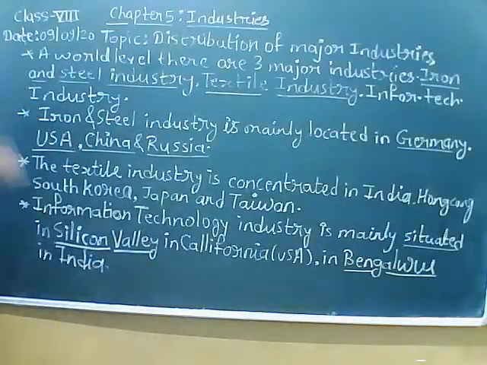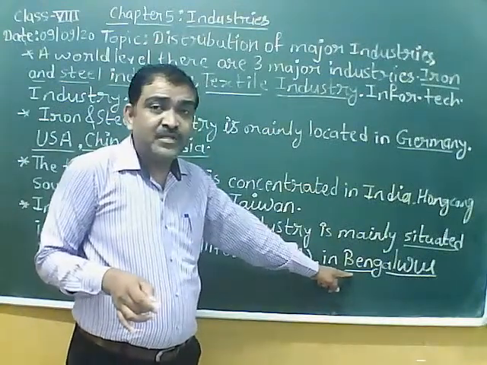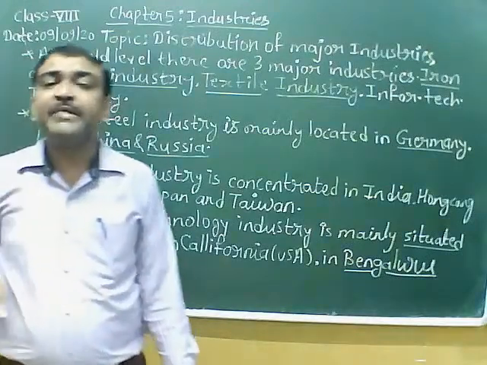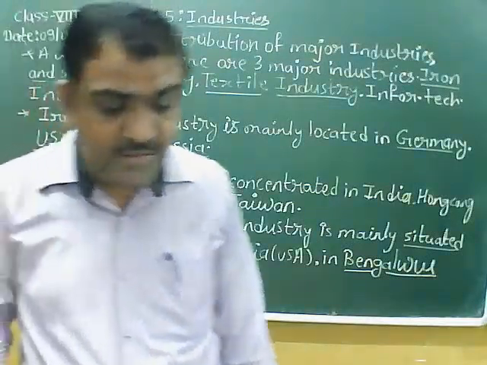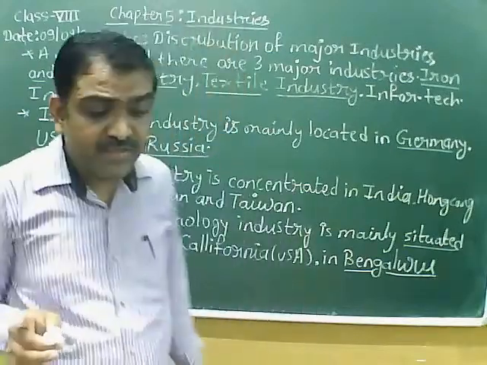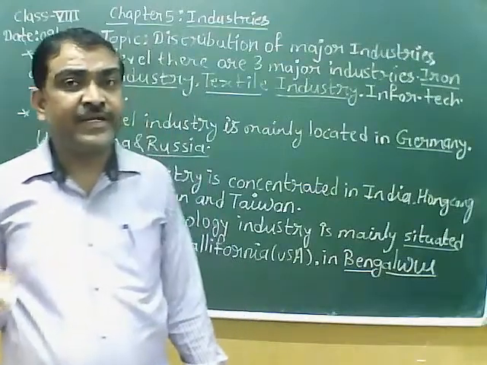Okay, if we talk about India, in case of India, the information technology industry is concentrated in which city of our country? Bangalore. Okay, which country? Bangalore. Earlier it was called as Bangalore. So in your textbook, it is written as Bangalore.